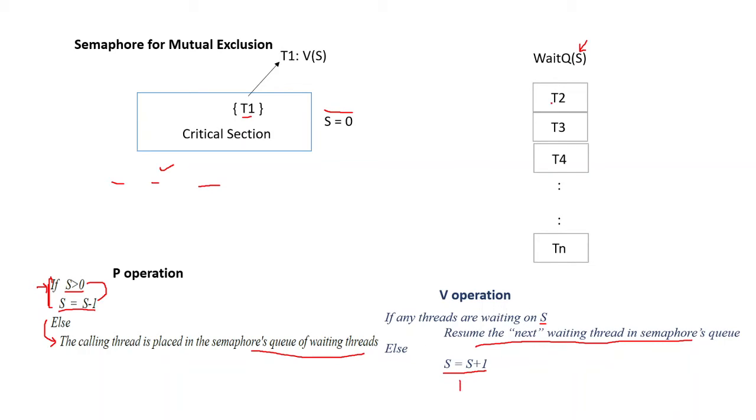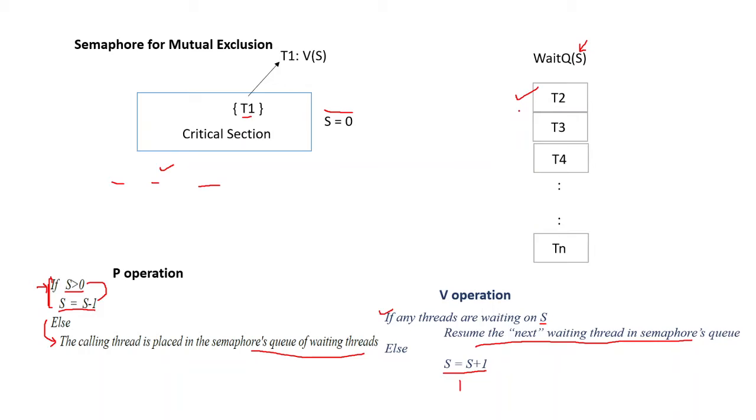But in our case, the wait queue is not empty because we have processes from T2 to Tn waiting in the wait queue. So the if part will be evaluated to true, and the next waiting thread. Now the next waiting thread means the first thread or process which tried to enter into the critical section. In our case, T2 was the first process after T1 arrived.